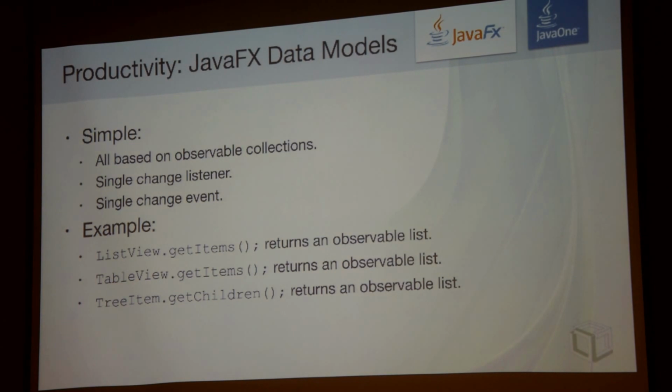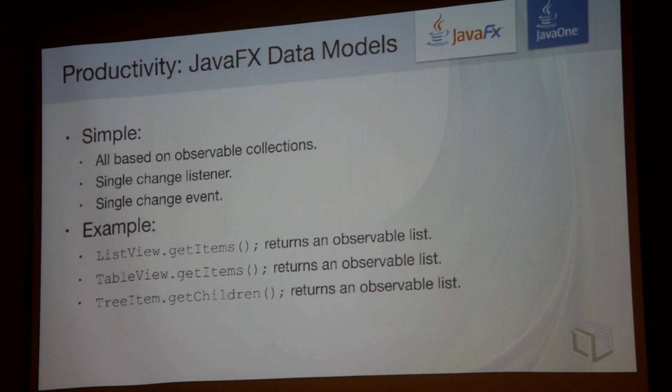Right. Of course, everything gets better in JavaFX. In JavaFX, all the models are basically observable collections. I don't know, did anybody work with Glazed Lists in the past? So there was an open source framework that added observability also to Java 7 and Java 6. And these work very similarly.